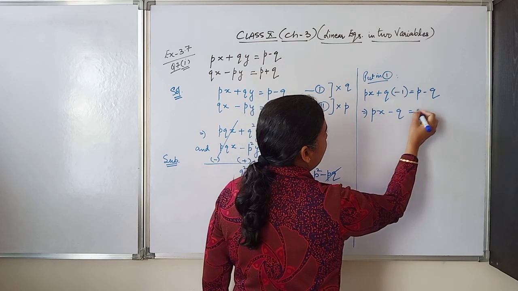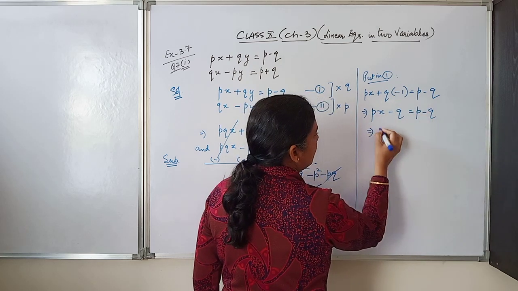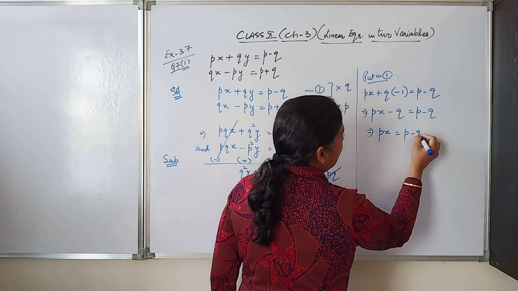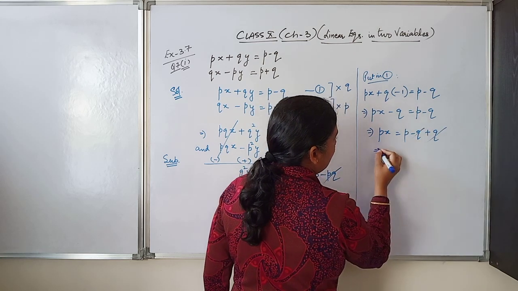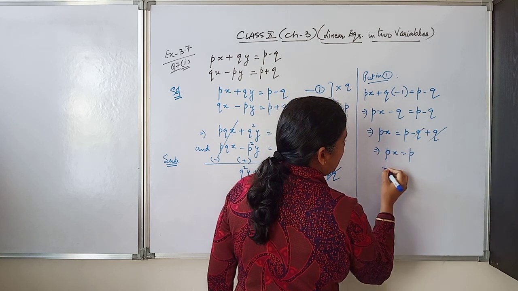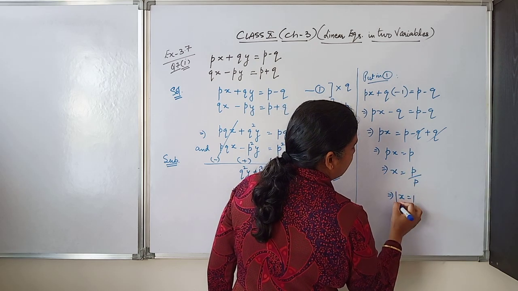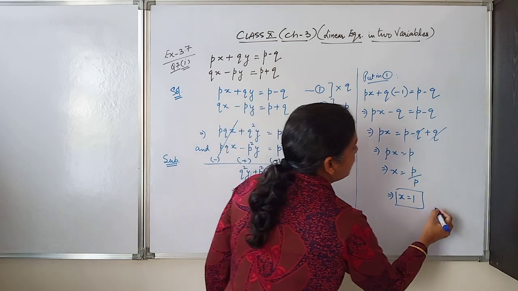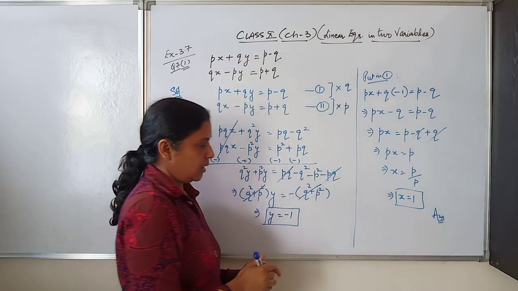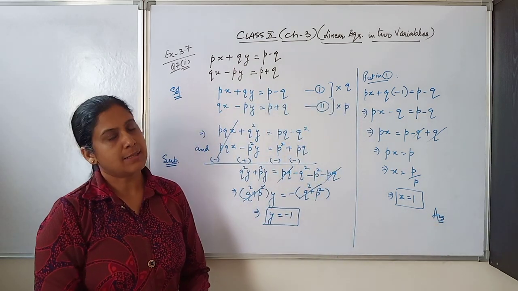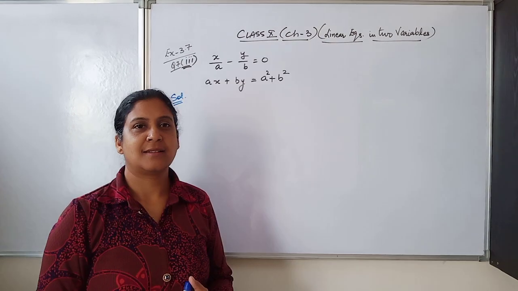Let's simplify. This gives us only px is equal to p, that is x is equal to 1. So these are the values of the required variables x and y. So that's the answer of this equation.